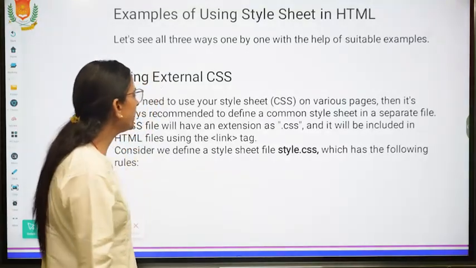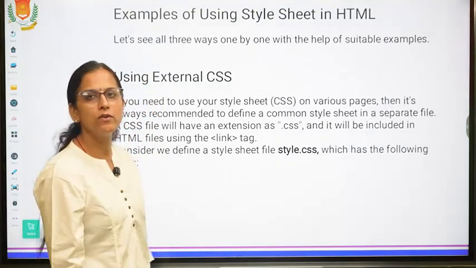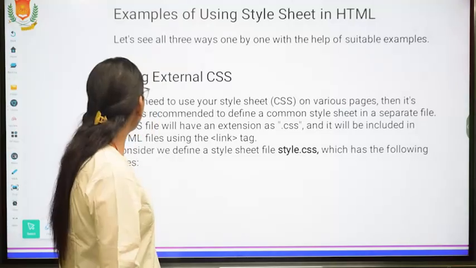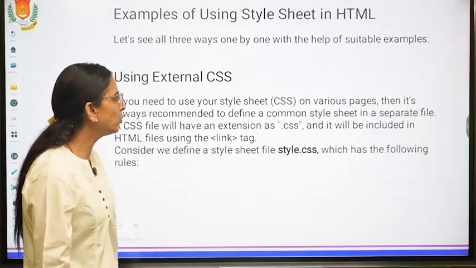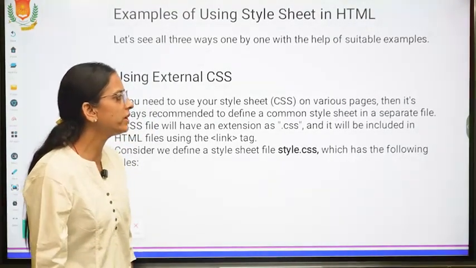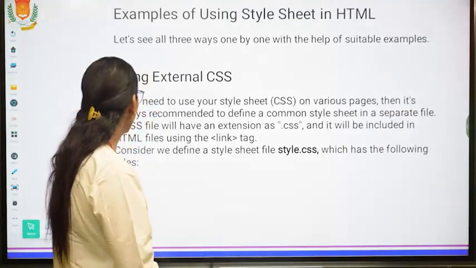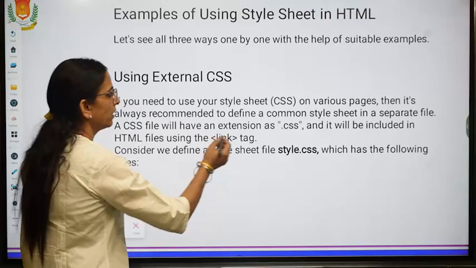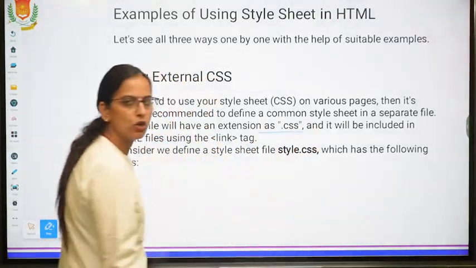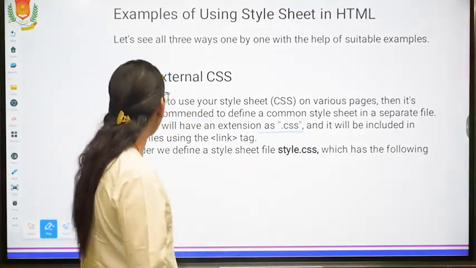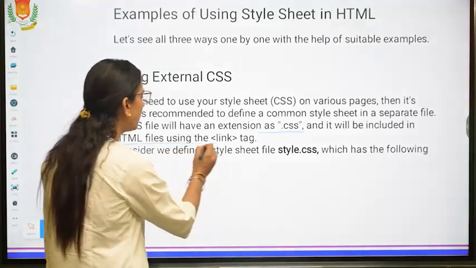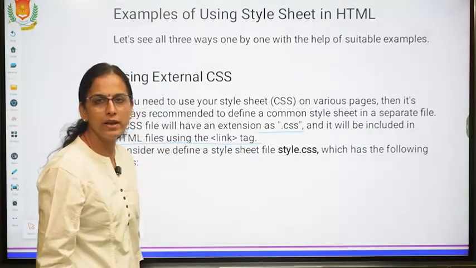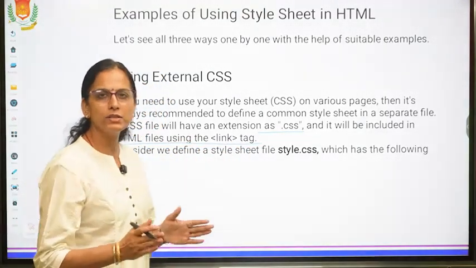If you need to use your style sheet on various pages, then it is always recommended to define a common style sheet in a separate file. A CSS file will have the extension .css, and it will be included in the HTML files using the link tag. You can create your separate CSS.